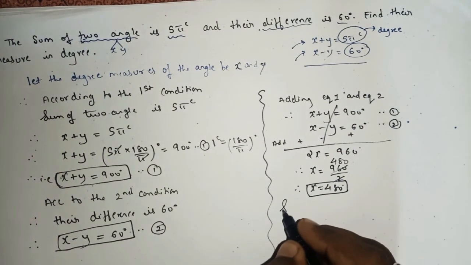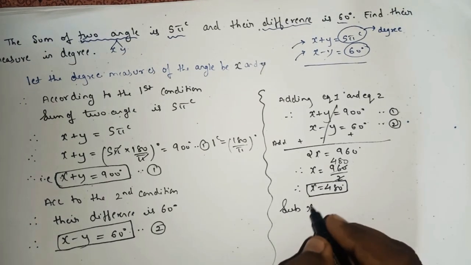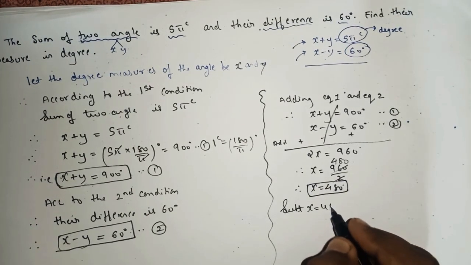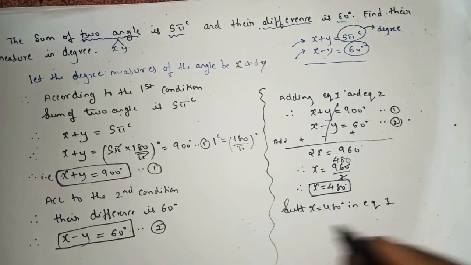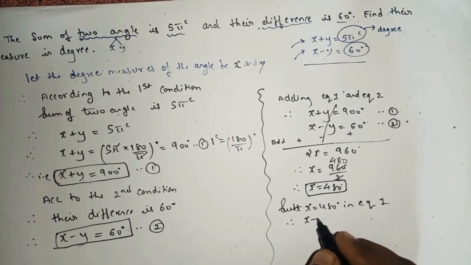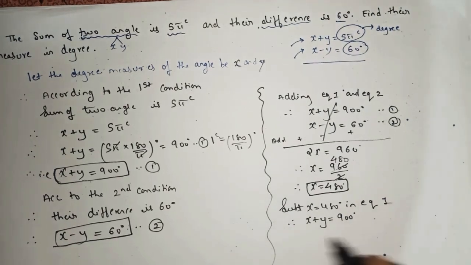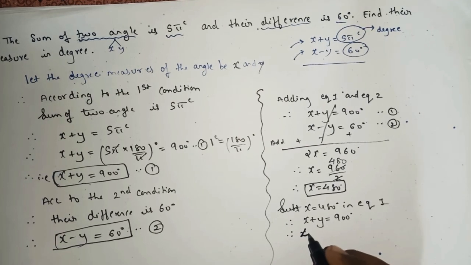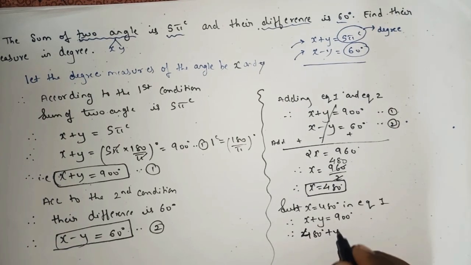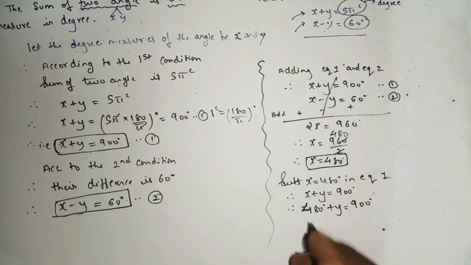After that we know how to find the second variable. Substitute x equals 480 in any one of the equations. So we'll substitute in equation number 1. What is equation number 1? x plus y equals 900. So x is 480, plus y equals 900.